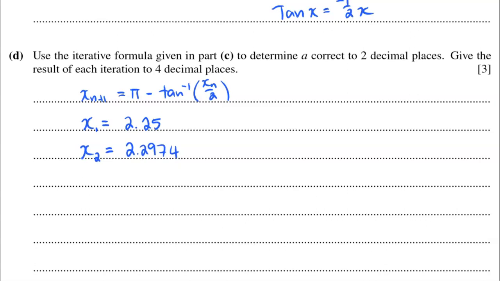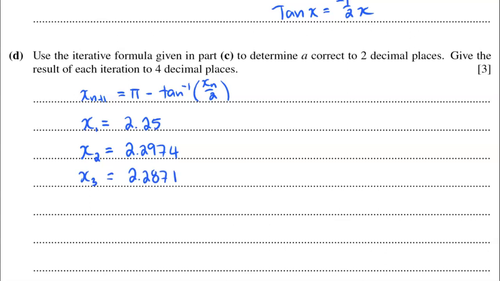2.2974. That's actually close to 2.25. We have to read the question, we have to give each iteration to 4 decimal places, so that's good. And we just do it again, and we'll get the next iteration, and in this case it's 2.2871.